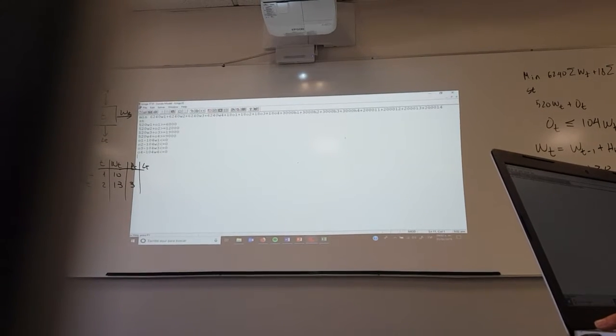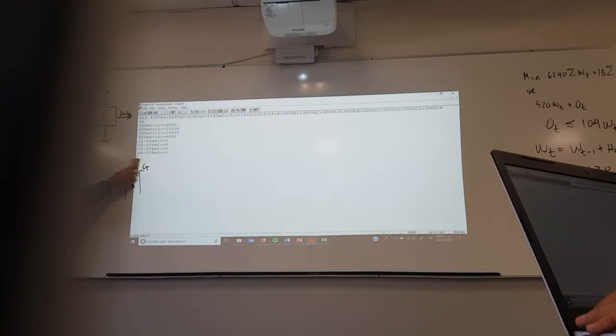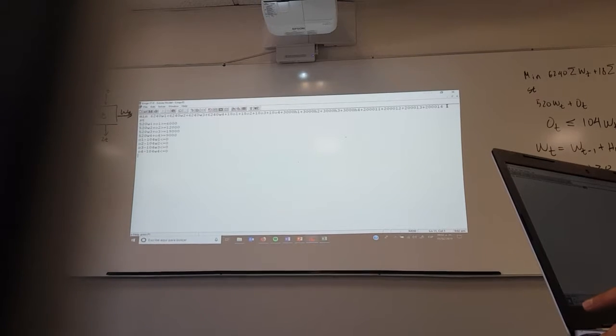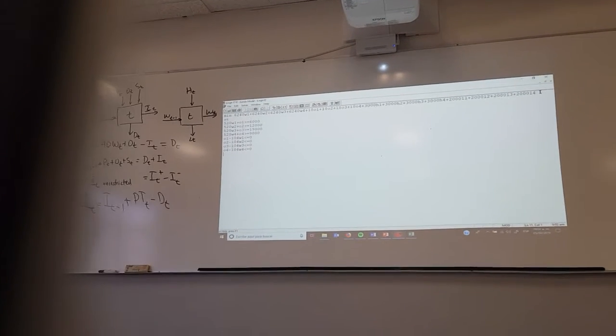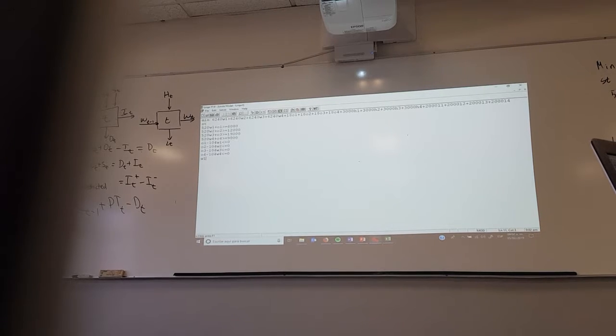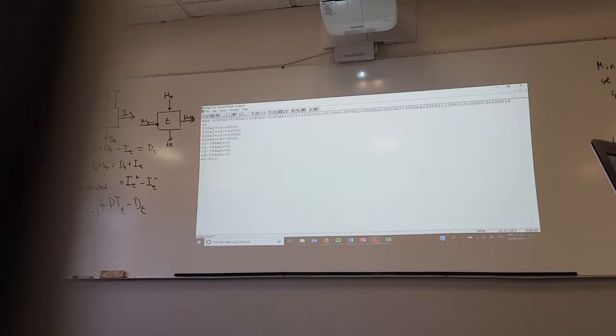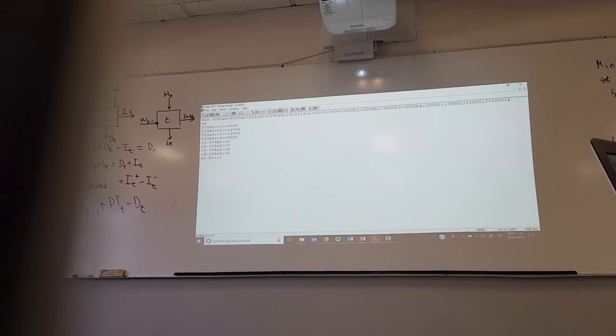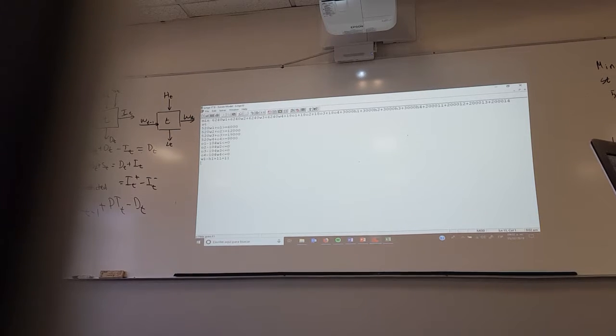Next. The first one, I wrote the first one over there. So the first constraint of the next set is going to be W1 minus H1 plus L1 equal to 0. Okay, next one, W2 minus W1 minus H1. Is that right?